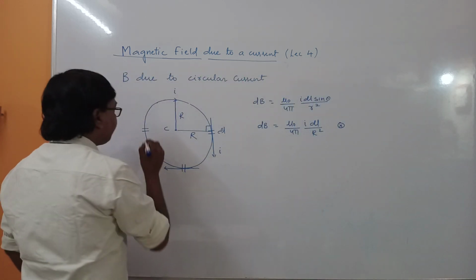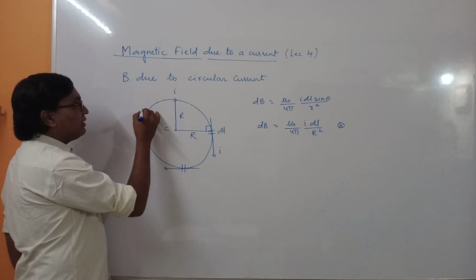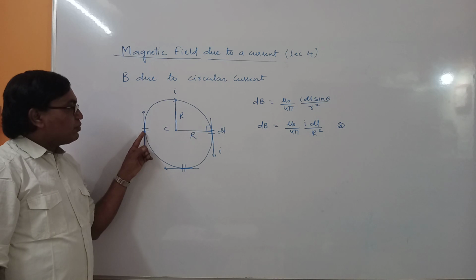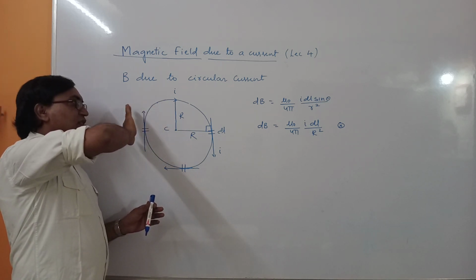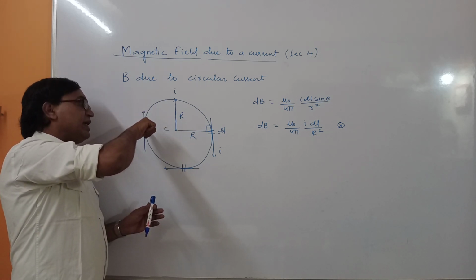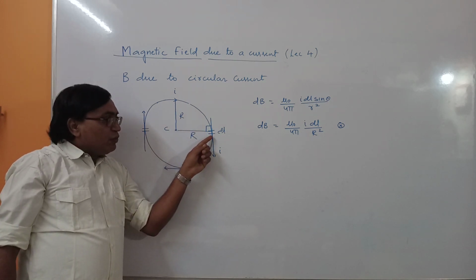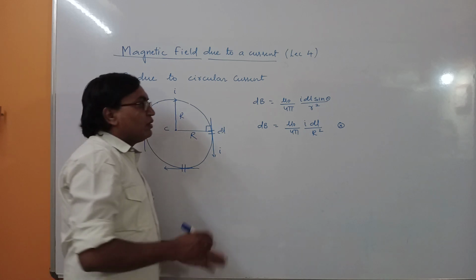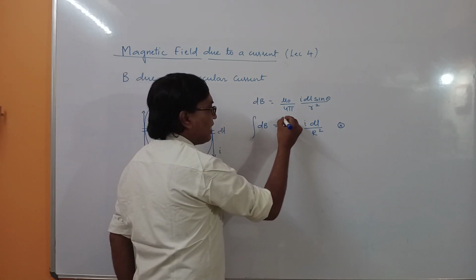If you consider the current element at this point, the direction is tangential, and curl your fingers towards C, so the field will be inside the board. So the magnetic field due to all the current elements is inside the board. All are in the same direction, so we will add them.